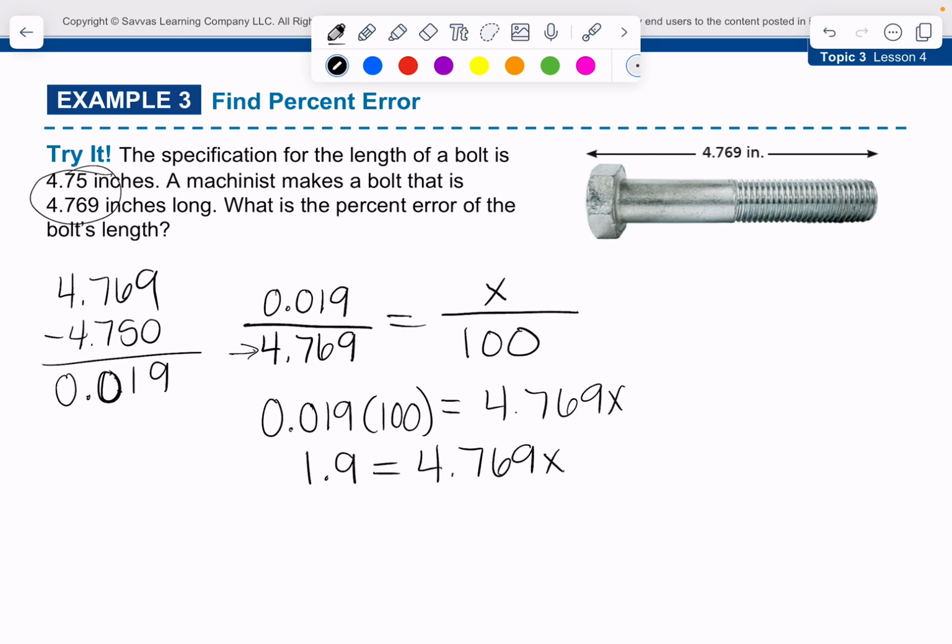And we're just going to round this to the nearest tenth. And so this is going to end up being about 0.4%. So again, your math isn't always going to be pretty. So it ends up being kind of a crazy number, and that's okay.